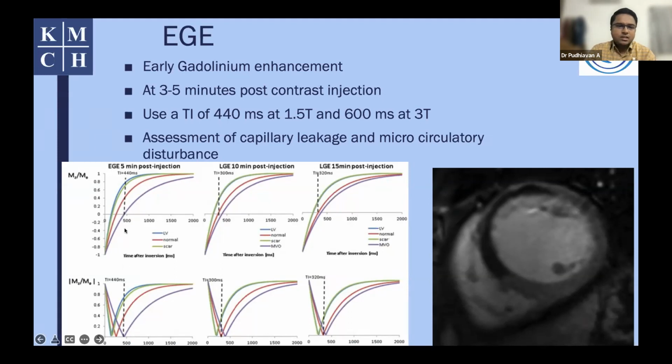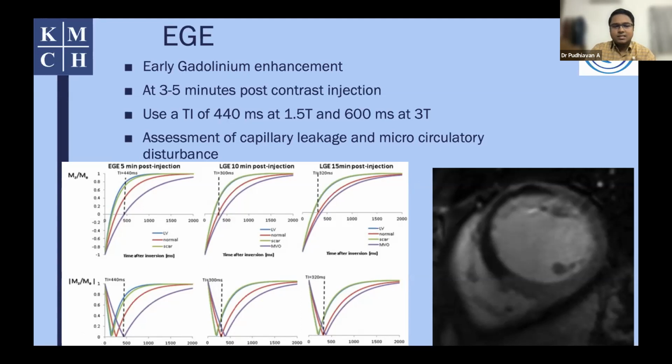But since this is an inversion recovery sequence, the routine IR sequence cannot differentiate the polarity. So when you use a TI time which actually nulls the normal myocardium, there is a lot of overlap of signal intensities at that particular TI time during the early gadolinium enhancement.